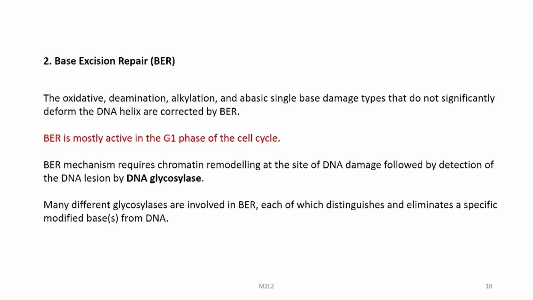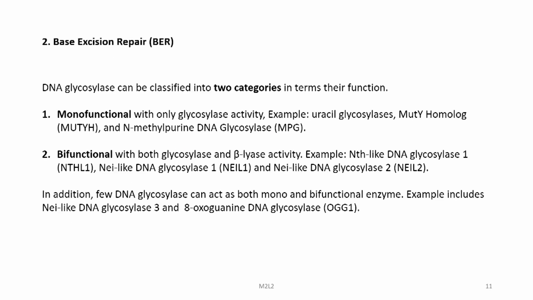The mechanism requires chromatin remodeling at the site of DNA damage, followed by detection of the DNA lesion by DNA glycosylase. Many different glycosylases are involved in base excision repair, each of which distinguishes and eliminates a specific modified base or bases from the DNA.